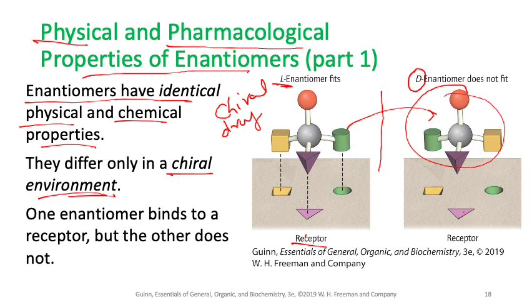That's why the chiral compound has a different pharmacological effect, because different receptors attach to different enantiomers. So this is why you have to have the right drug with the right enantiomer to get any effect by taking that drug.